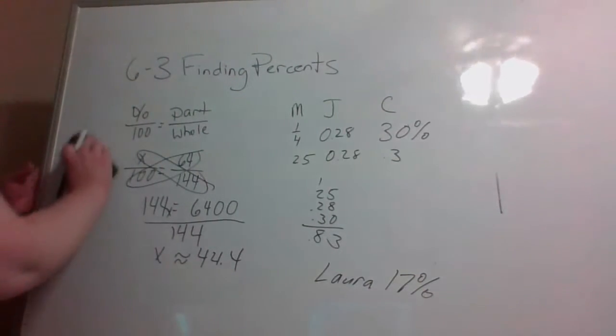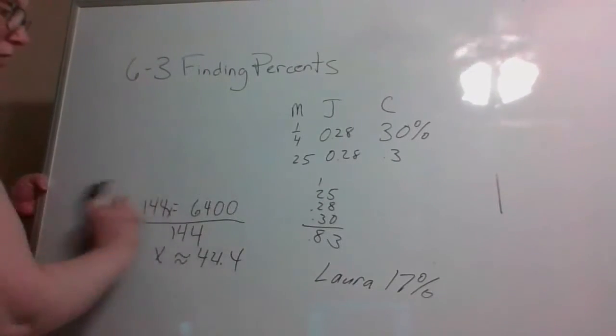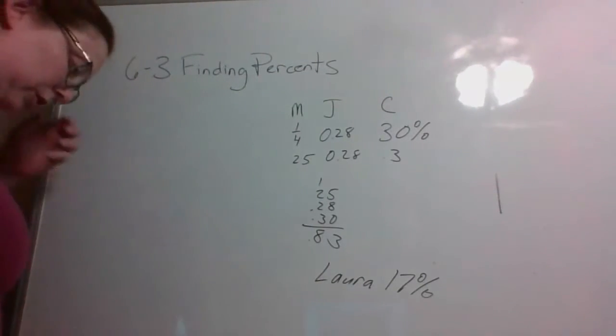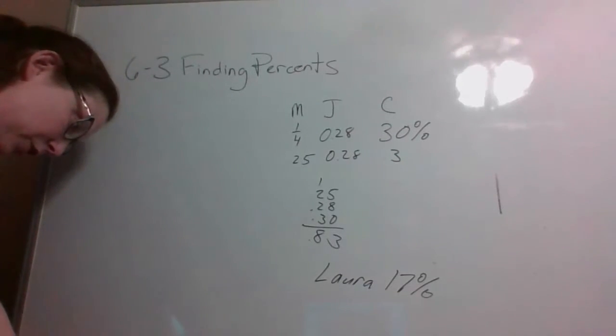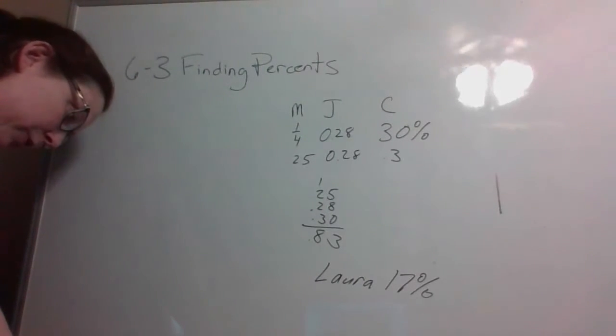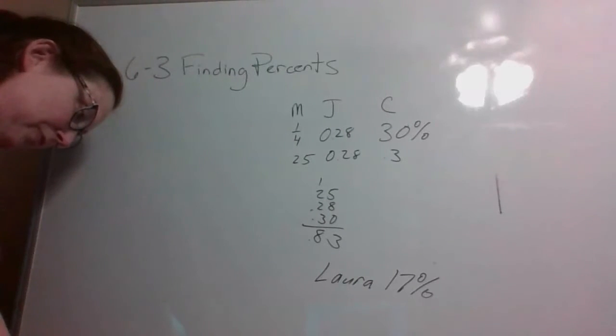Next up, we have Emma and her vegetable garden. It shows us a lovely pie chart of Emma's garden, and we're supposed to figure out what percent of the garden will have green beans.